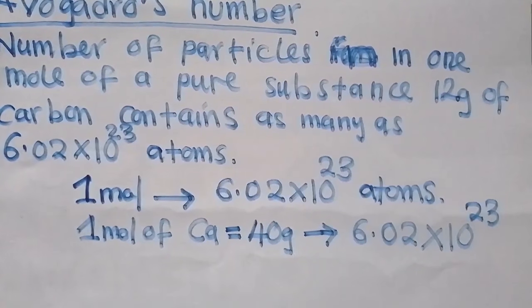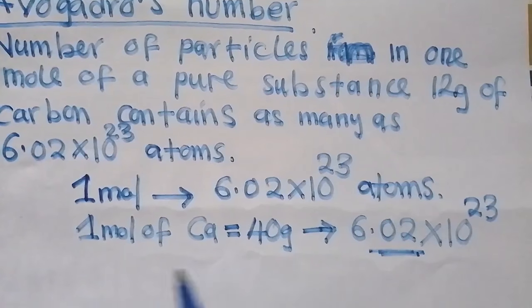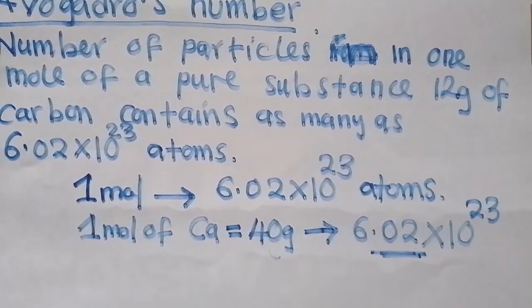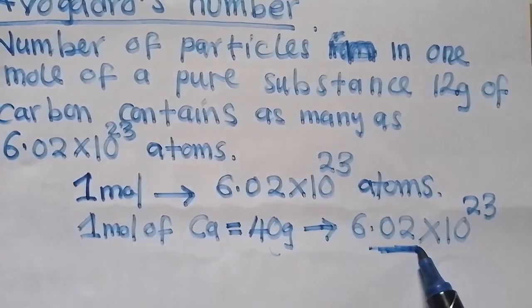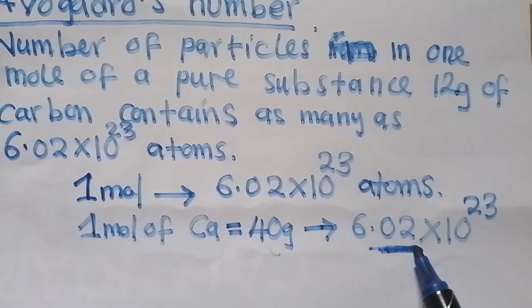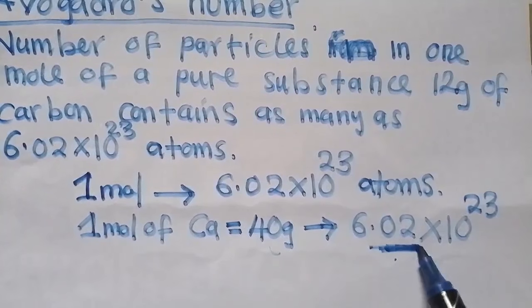We can talk of iron. You know that 1 mole of iron is equivalent to this number of particles. 1 mole of calcium contains 40 grams, the mass number, and this is the Avogadro's number. 1 mole of an atom is equivalent to this same number of atoms. 1 mole of a molecule is equivalent to this same number of molecules. 1 mole of electrons is equivalent to this same number of electrons.